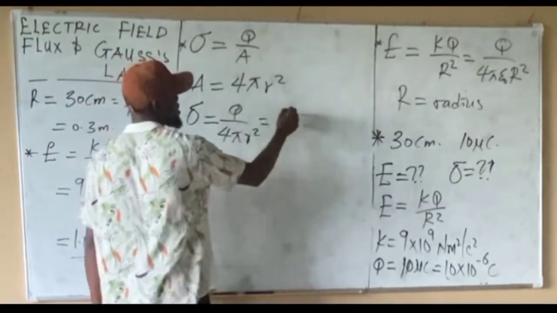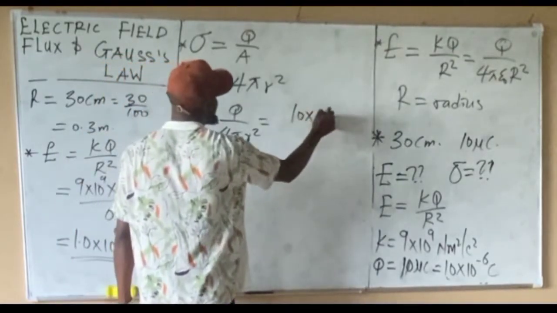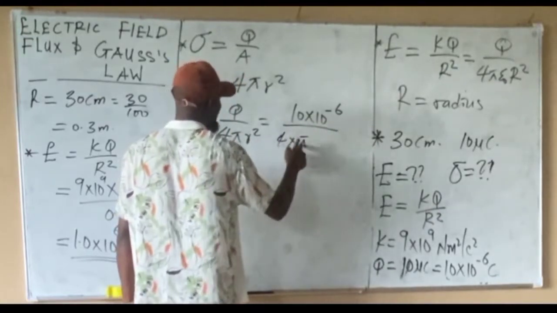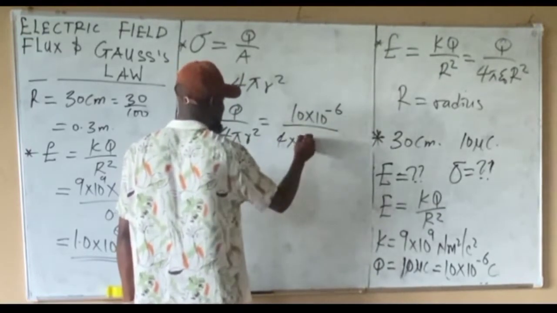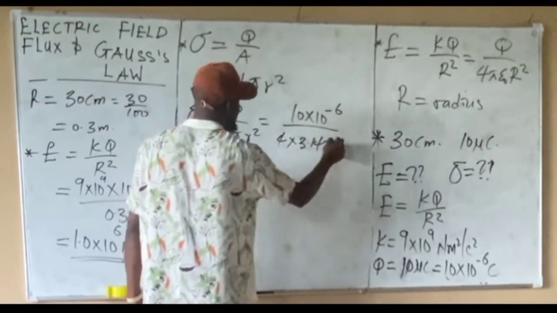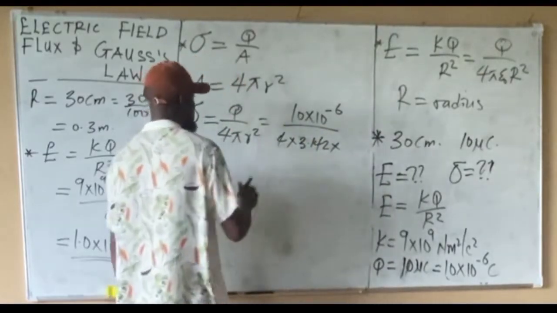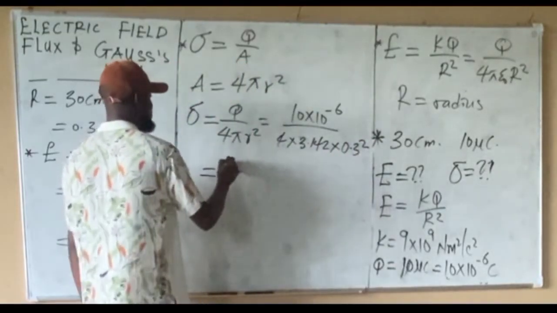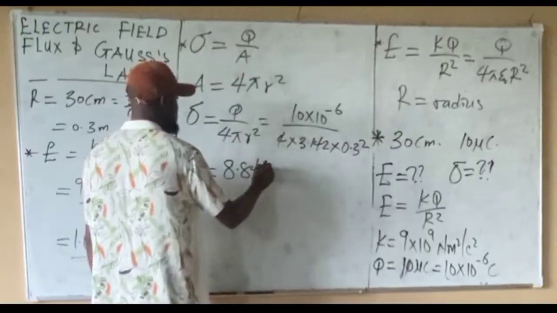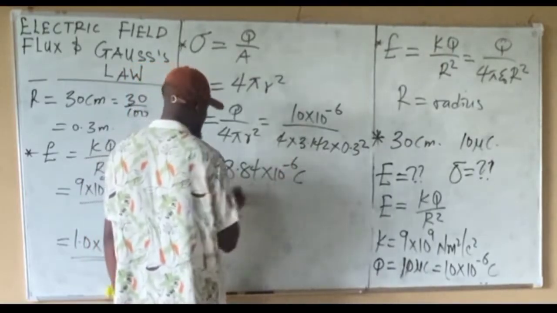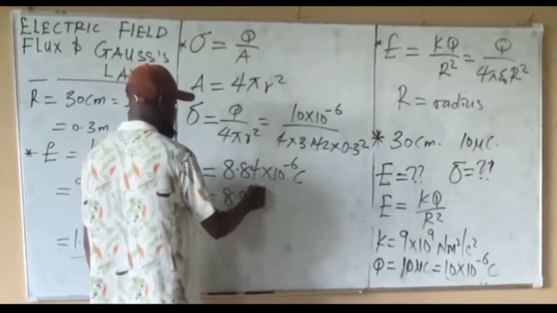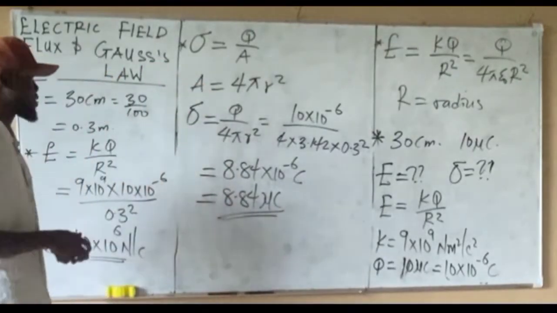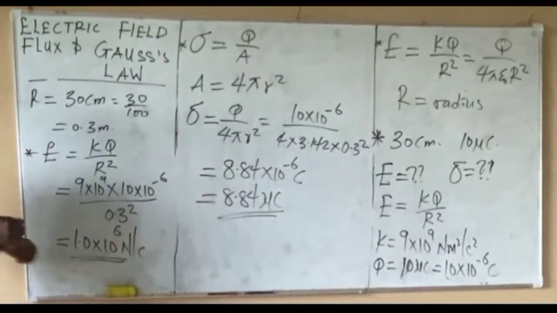That will give us 10 times 10 raised to the power minus 6 divided by 4 times pi, pi is 3.142, times 0.3 squared. So this will give us approximately 8.84 times 10 to the power minus 6 coulomb per meter squared, or 8.84 microcoulomb per meter squared. This is our answer, so this is the solution to that question.